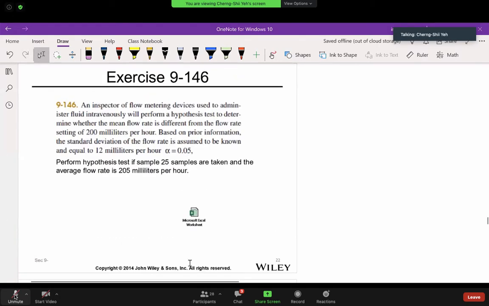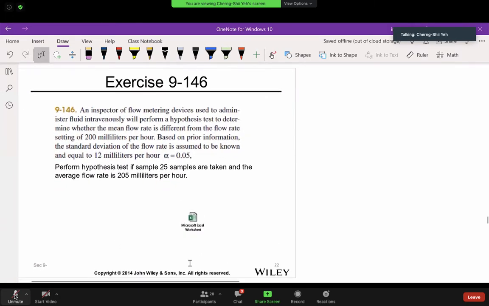It looks like there are only 4, but explaining them still takes some time. For the first exercise, an inspector of a flow metering device is performing a hypothesis test to see if the actual mean flow rate is different from the setting. This is what they believe the process is currently at.